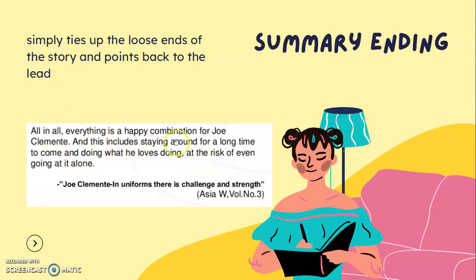So, you summarize what the life or decision making of Joe Clemente is about. Let's say your feature story is about the personality Joe Clemente. That is a summary ending. You summarize your whole feature article or feature story.